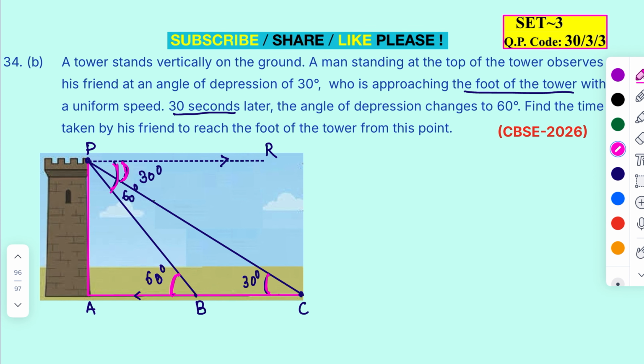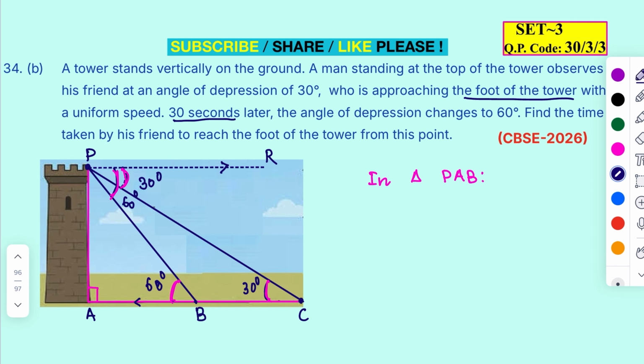Now in triangle PAB, this angle is 90 degree. So we can write PA by AB is equal to tan 60 degree. Let PA, the height of the tower, be h meter.